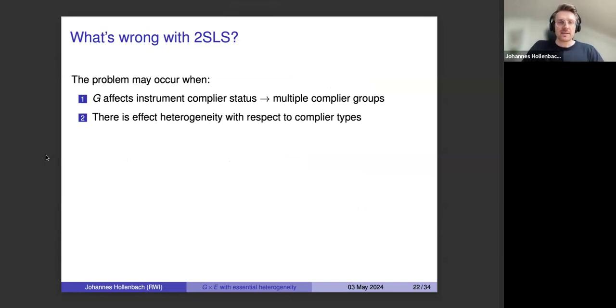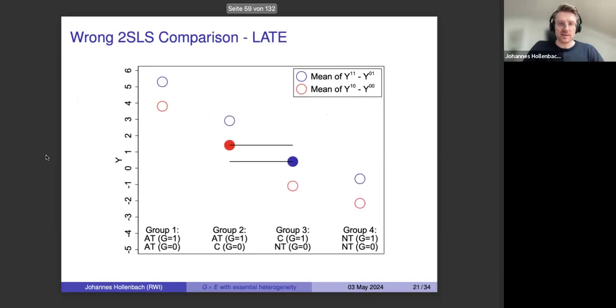And the second is effect heterogeneity with respect to compliers. What this means is basically having this gradient of potential outcomes here, with the always takers having the highest payoffs, never takers having the lowest payoffs, and compliers having payoffs in between, but still different payoffs.